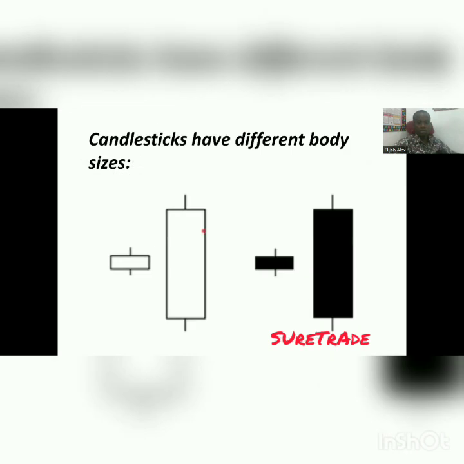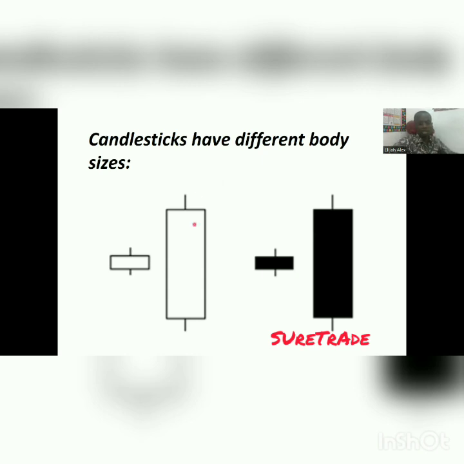I will be showing you now. Before I move to the candlestick pattern, I want to talk a little bit about body sizes. The body size of a candlestick really matters a lot. Psychologically, it expresses the momentum that either the sellers or the buyers are driving the market with.